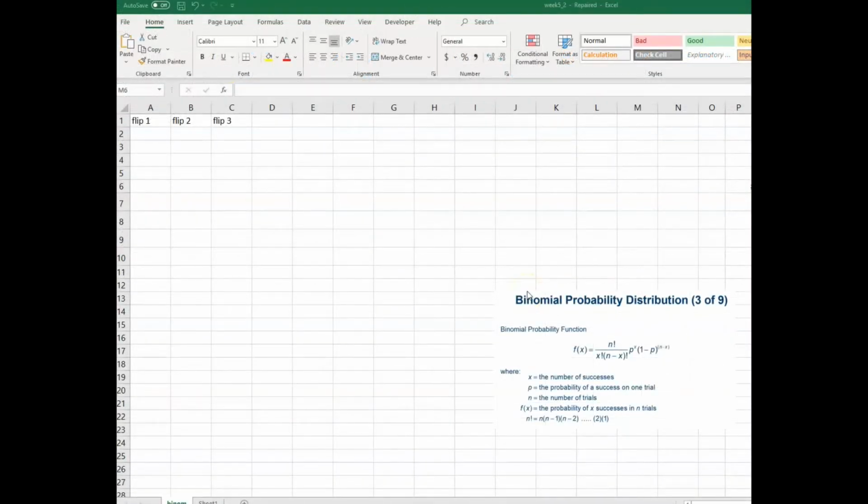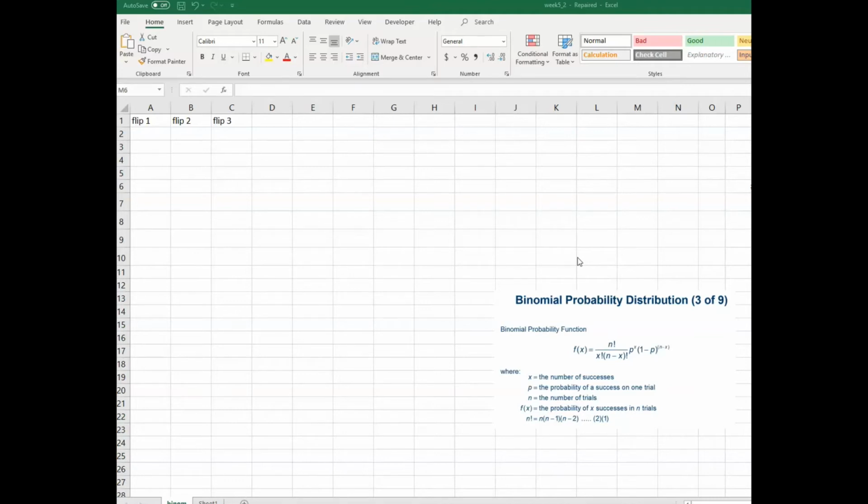Here is a simple example about binomial distribution. What is binomial distribution? It's one experiment or one operation with two possible outcomes. If we have n trials, what is the probability that r of them are successful or not?